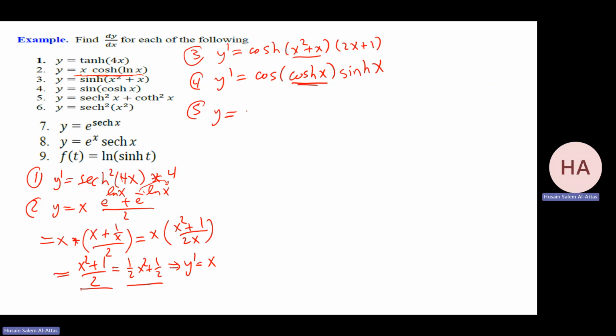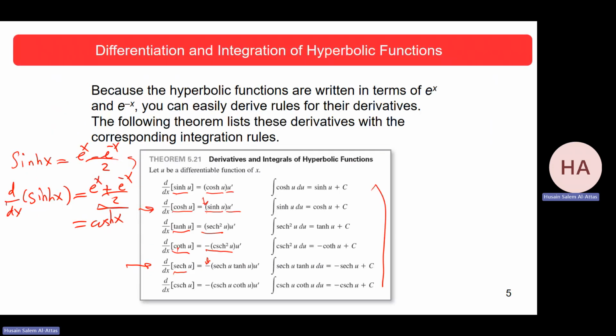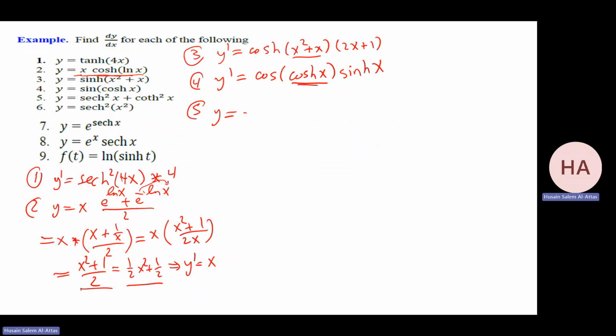It's 2. Don't forget, there is a minus sign. For secant hyperbolic, there is a minus sign. So it's minus secant tan. It's u squared, so 2u times the derivative of u, the derivative of this, which is secant.